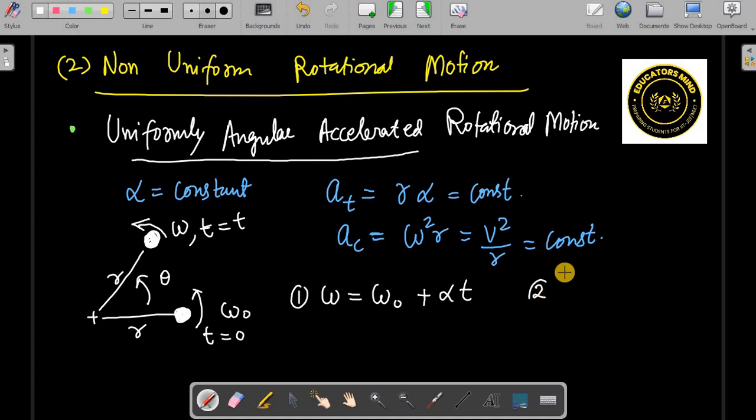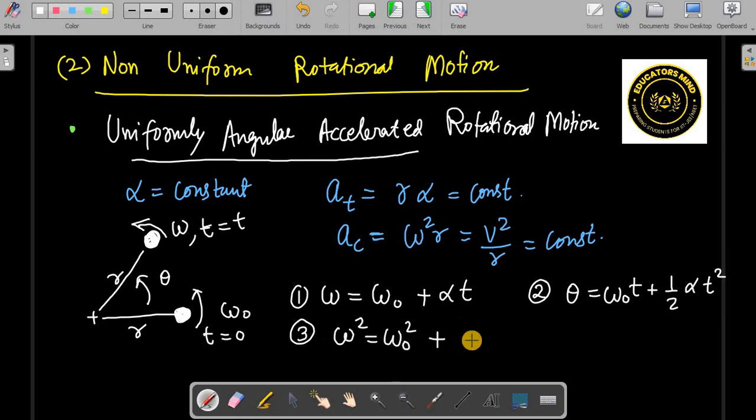Remember these equations in linear motion, we have already done that. Similarly, displacement theta is equal to omega naught t plus half alpha t squared. Then third case, v square equal to u square plus 2as becomes omega square equals omega naught square plus 2 alpha into theta.